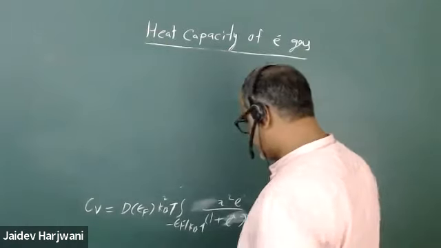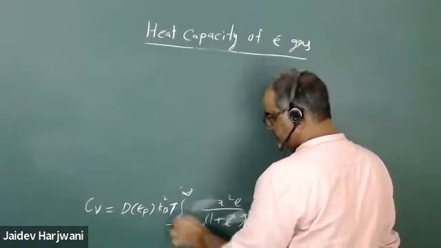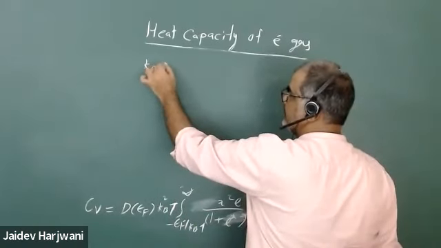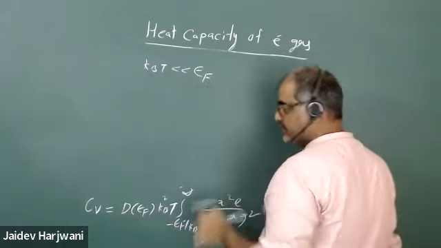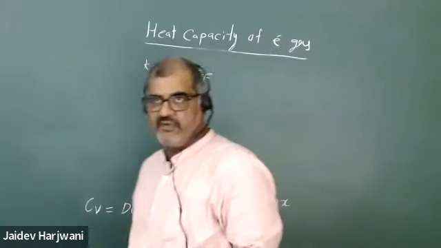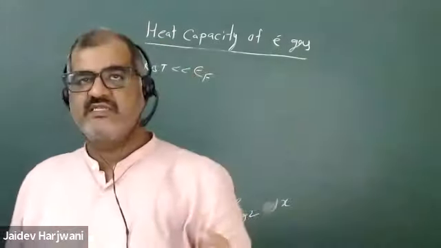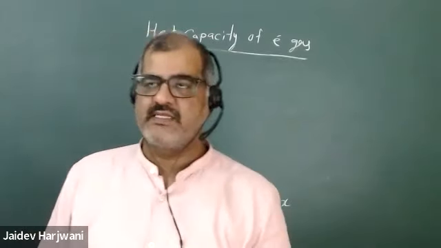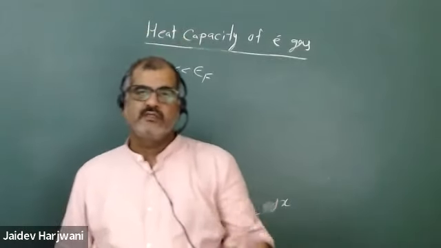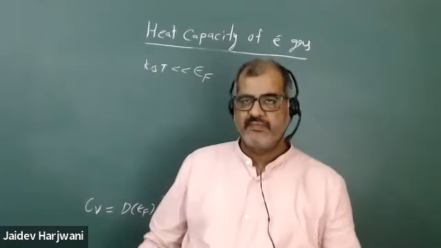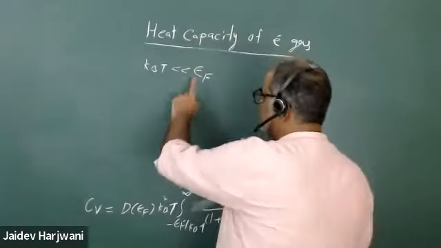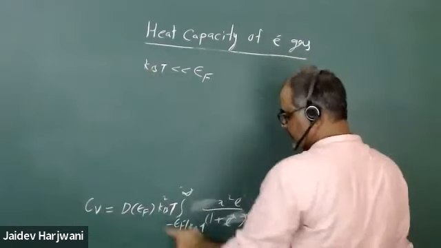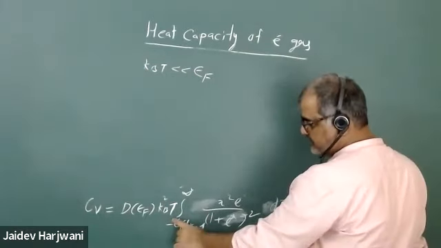Now we have this. Generally our kbt is less than EF. Okay, if I take the temperature corresponding to the Fermi energy, the Fermi energy temperature is 4 to 5 electron volt for metals. So this will give you around 3000 Kelvin, and room temperature is 300, or 300 to 400. Compared to this, this energy is very low, so I can make this limit infinite.